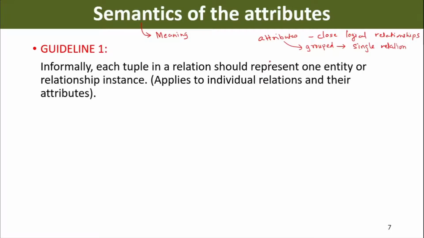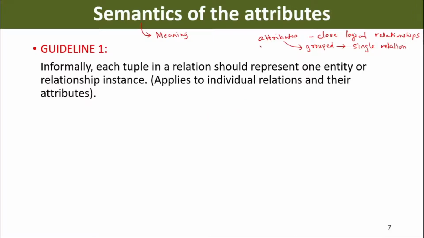Whenever we say the attributes are closely related, we are talking about the semantics of those attributes. So if the semantics of the attributes is very close to one another, then we should group that data together. So each tuple in a relation should represent one entity.